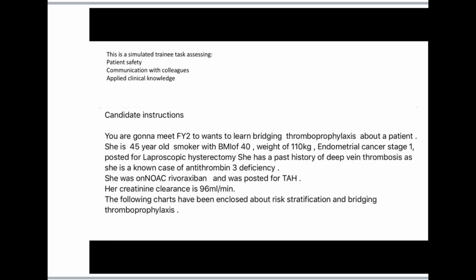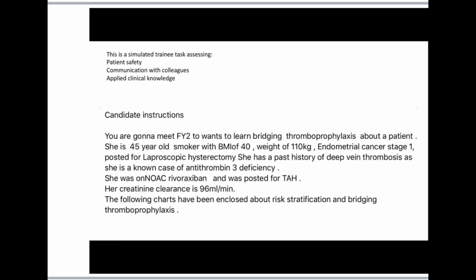And we all know how to bridge patients who are on warfarin when they are going to have a surgery. Nowadays patients are being treated with a new category of oral anticoagulant, which differs from warfarin. I will tell you the difference between warfarin and these new oral anticoagulants so that we can get the idea why we are doing that.